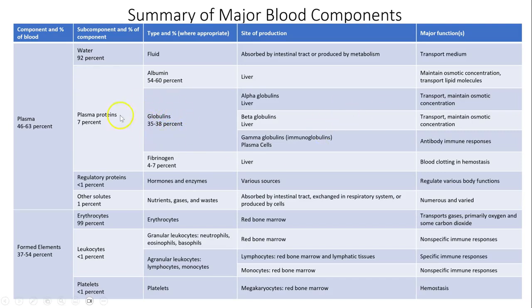Globulins make up another part of the plasma proteins. We have some different types of globulins produced in different parts of the body. A couple of these, as you can see, are going to help with that osmotic concentration as well, so water balance, as well as transporting various different components. And then this last group down here, the gamma globulins, also sometimes called immunoglobulins, these are going to be produced in the plasma cells, and these are a really important part of our immune response.